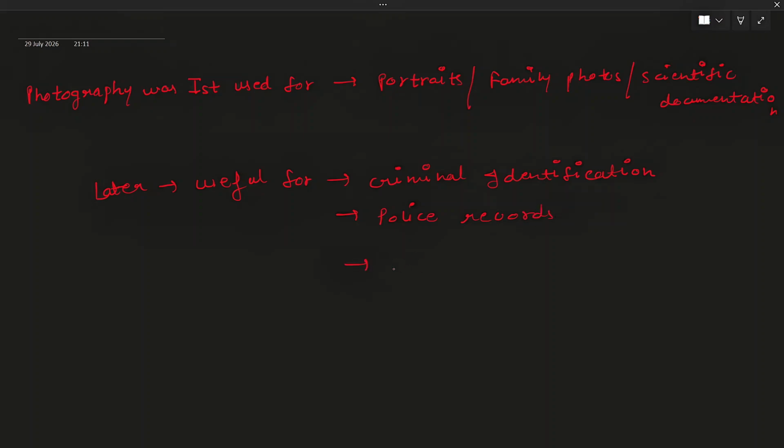Then crime scene documentation, court evidence.